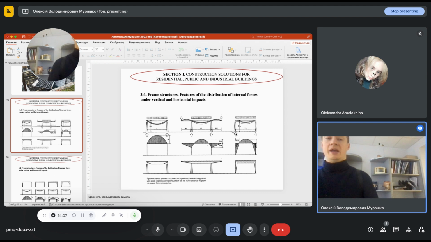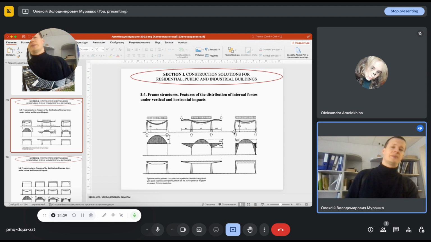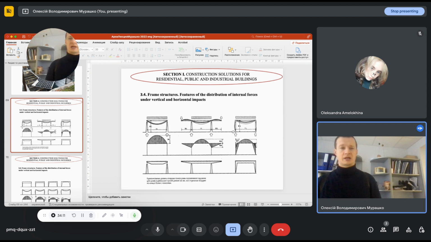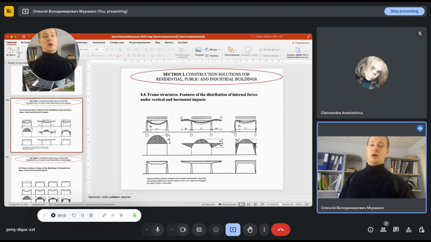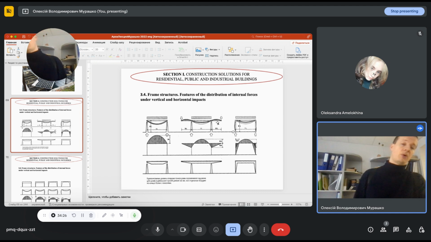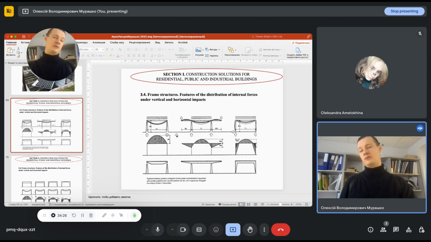Hinge connection, yeah. And in this case we have a hinge connection between column and foundation. This kind of connection between beam and column, column and foundation, column and beam with cantilevers gives us various variants of distribution of internal forces.